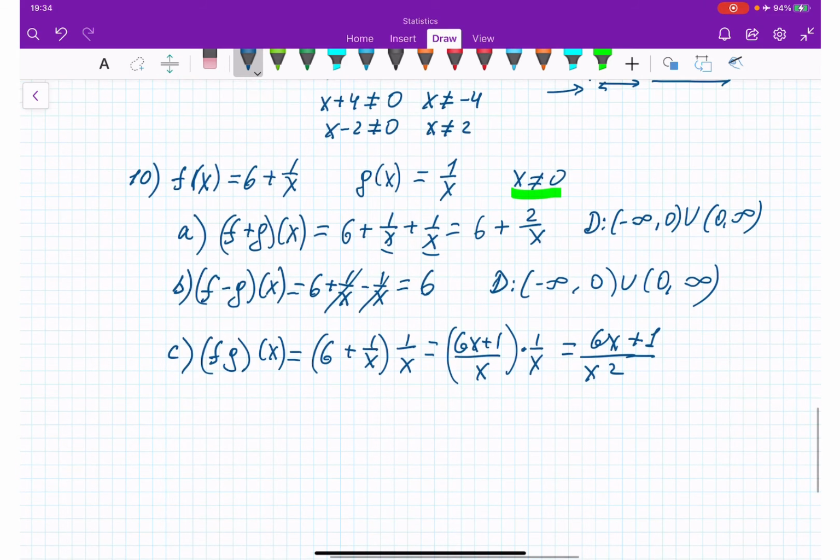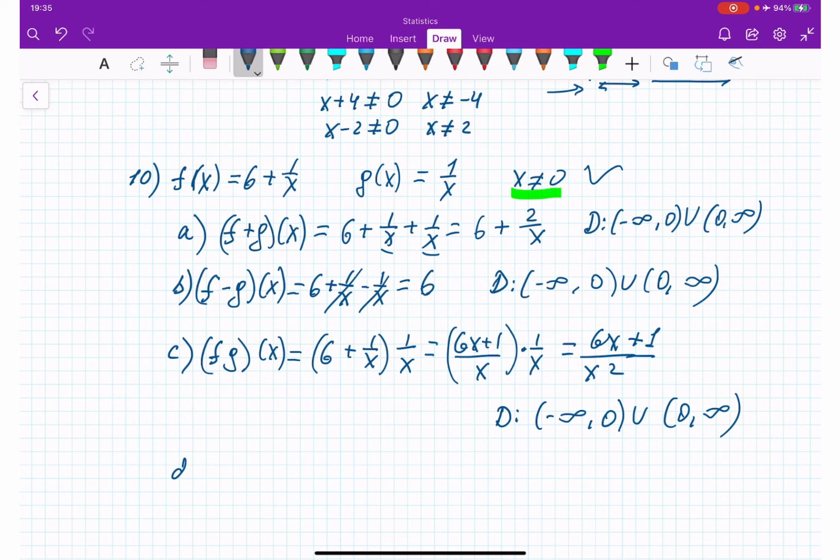Okay, so here automatically, since I have x squared, the domain will be covered by this original condition, x cannot be equal 0, which means the domain is going to be negative infinity to 0 and 0 to positive infinity.